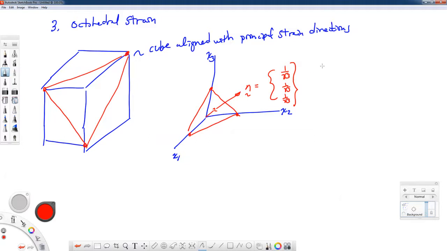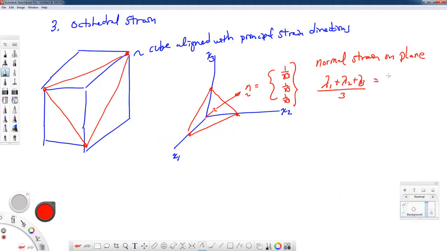The normal strain on that plane, which we could find by evaluating epsilon ij n_i n_j, we can find to be lambda 1 plus lambda 2 plus lambda 3 divided by 3.